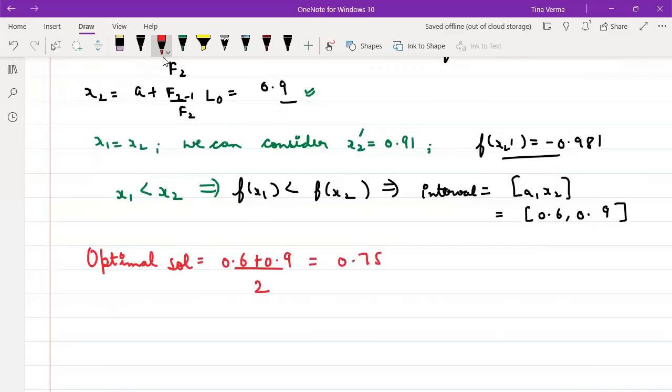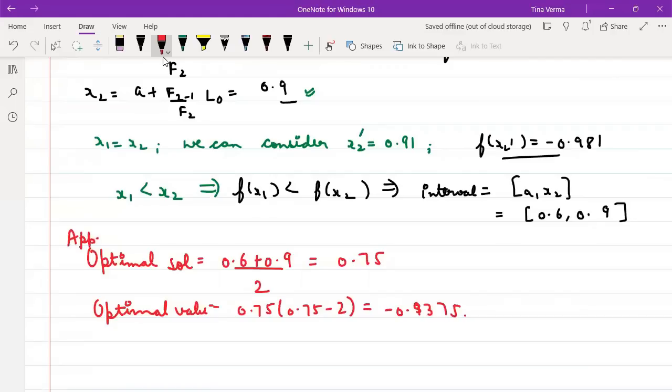So that is coming out to be your 0.75, and optimal value you will put this value in the function. क्या था? x into x minus 1 into x minus 2, ठीक है? So this is coming out to be your minus 0.9375. This is the approximate value. You can say approximate optimal solution.